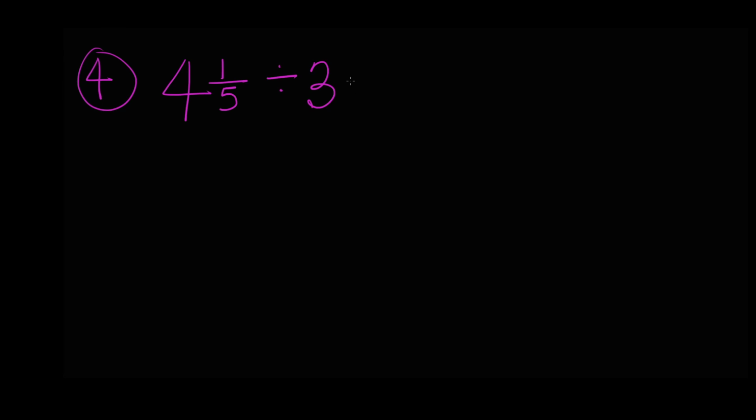The first thing you want to do right here is to rewrite this question. How do we mean? This is a mixed fraction. Convert it to an improper fraction first. This we have dealt with in one of our videos. 4 times 5, 20. 20 plus 1, 21. So that means I'm going to have 21 over 5.